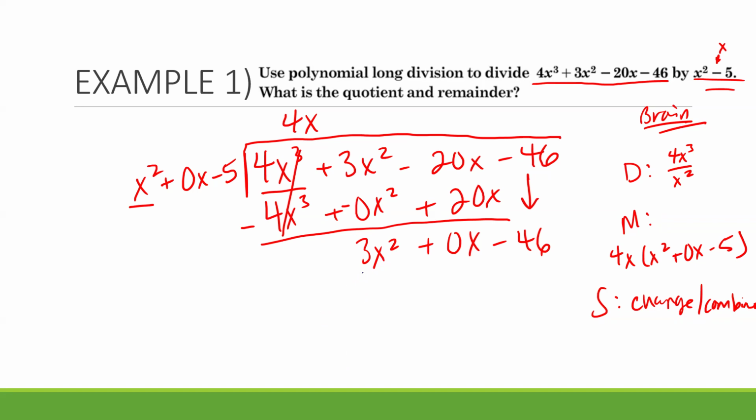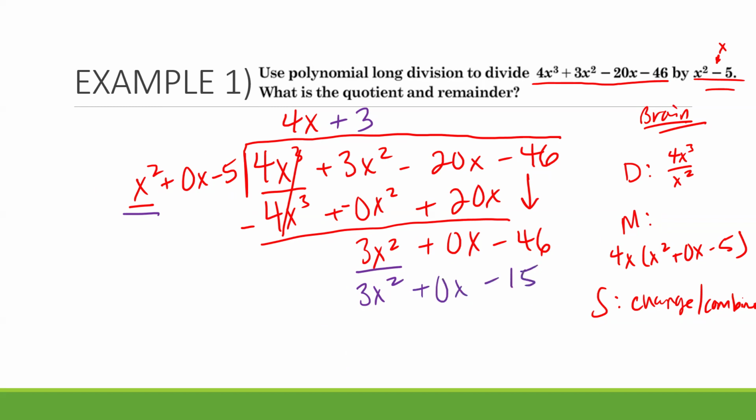So we have 3x squared divided by x squared. What is 3x squared divided by x squared? 3. That's a positive 3. Agree? After we divide, we're going to multiply. 3 times x squared is? 3 times 0x is? 3 times negative 5 is?